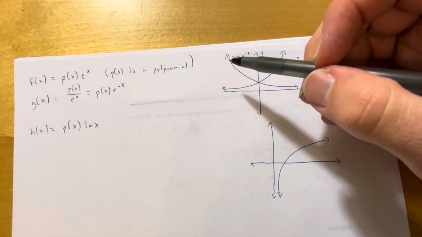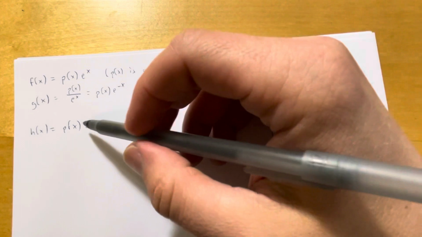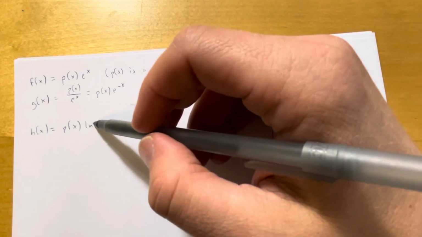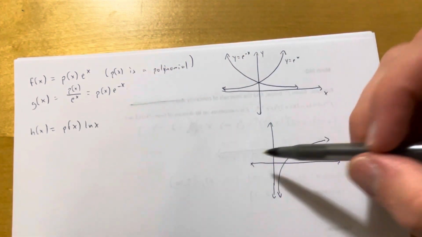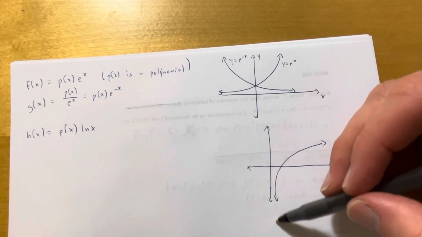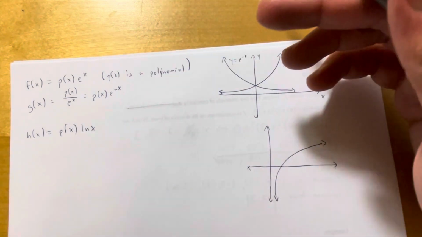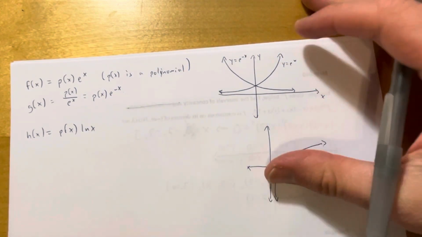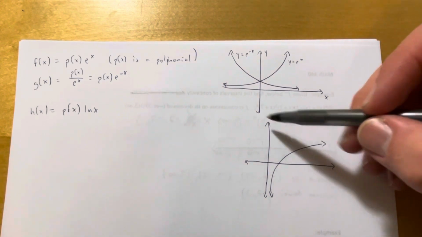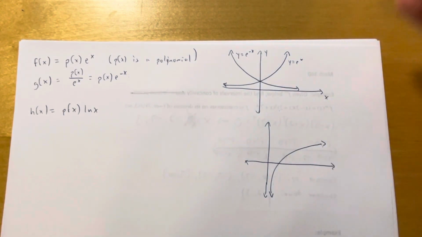But in essence, the same kind of thing happens. If I multiply some polynomial by the natural log function, the natural log function is wanting to drag this polynomial down towards negative infinity as we get over here, right? Assuming p of x has a positive leading coefficient. So in that sense, the natural log function is going to win by keeping this vertical asymptote as it is.